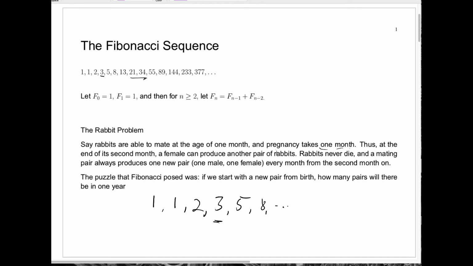And then it keeps going like that. So at the end of 1 year, we have the number F_12. And here you see I believe 233 here is what we have at the end of 12 months.